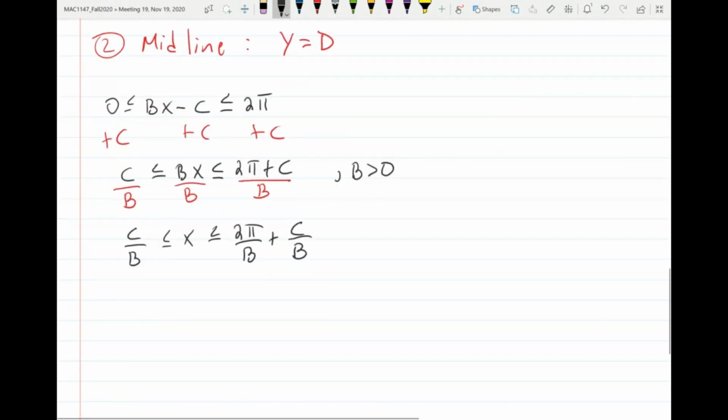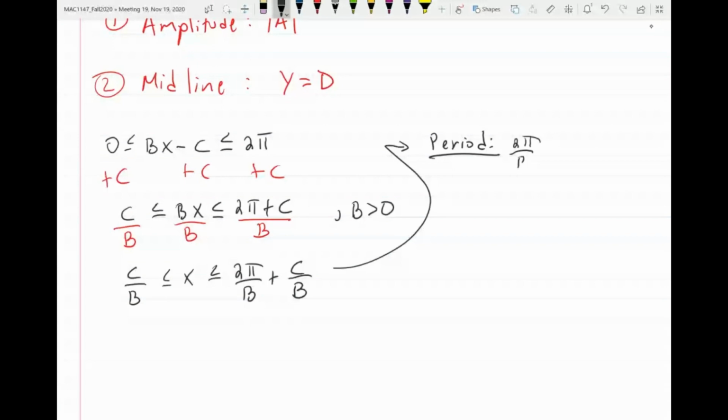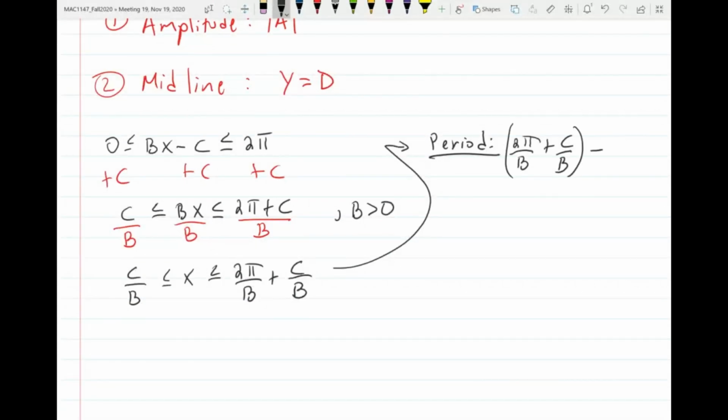Now, if we want to figure out the period, remember, all you have to do is subtract the endpoints, because this is where the main cycle is going. So you subtract the endpoints of this interval. So the period is going to be 2 pi over b plus c over b minus the left endpoint, which is c over b, and then it's clear that the c over b is gone, and we get that the period is given by 2 pi over b.